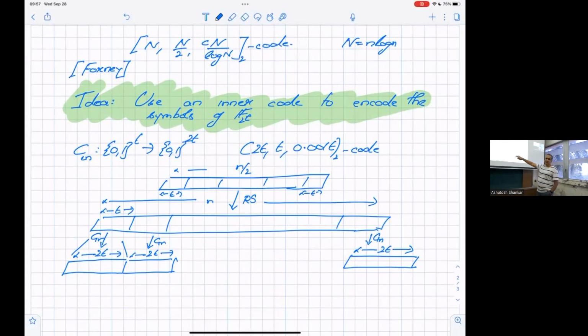But first, let's find out the distance of this code, and then I'll come to why that assumption is a fair assumption to make. It's not cheating, but I'm assuming what I want to do. We don't yet know how to construct such a code, a code with constant rate and constant distance. That's exactly what we want.